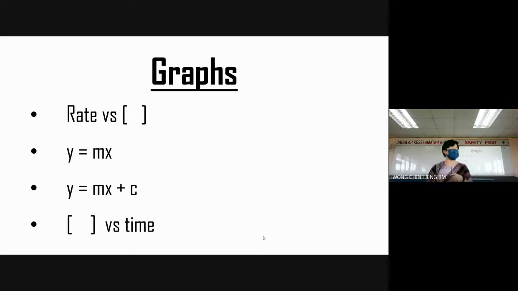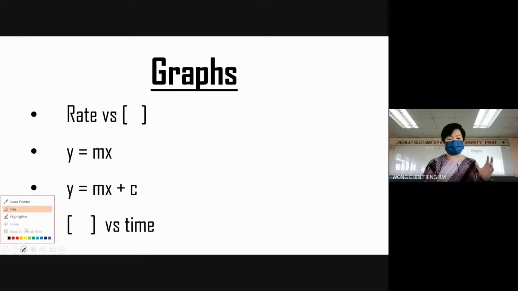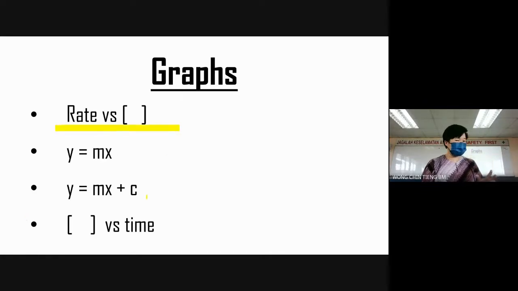For God's sake, don't do it. Understand it, and I'll give you a bit of tips. The 4 graphs involve the 4 graphs that I have over here: rate versus concentration, y equals mx, y equals mx plus c. That is one group, this is another group. So how to classify them?